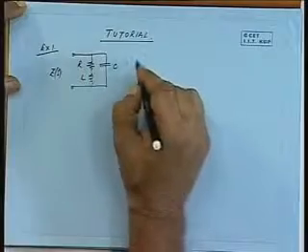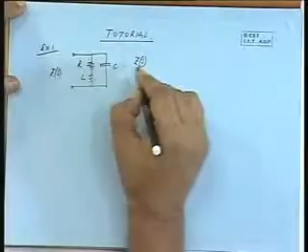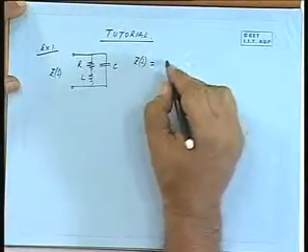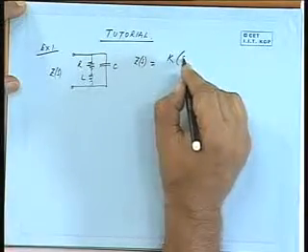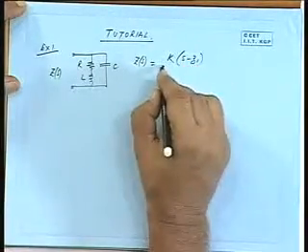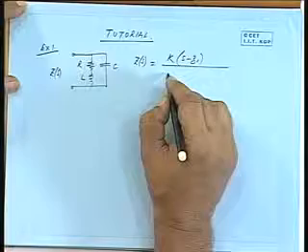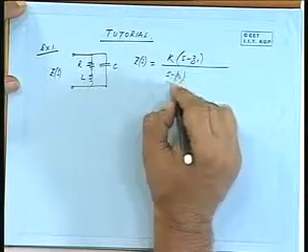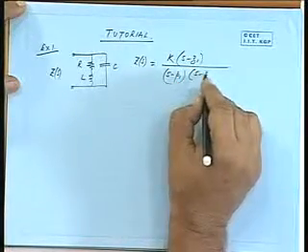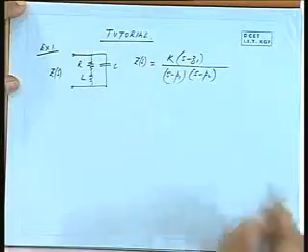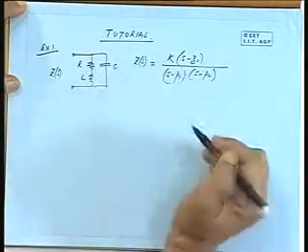Show that this impedance function Z(S) has a distribution of poles and zeros in this form. This function has the form like this.